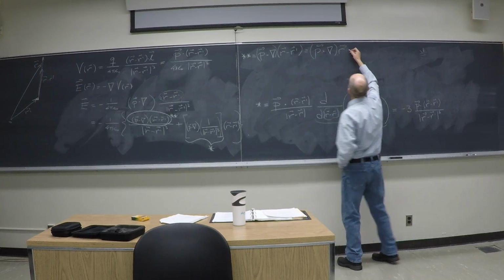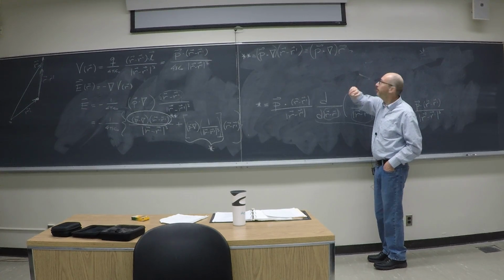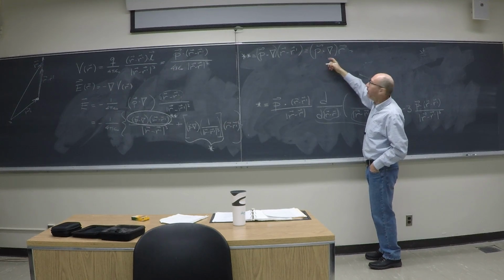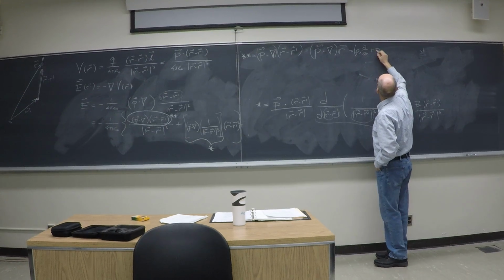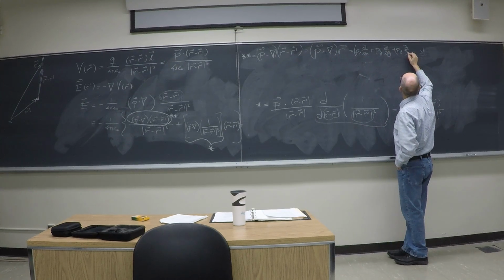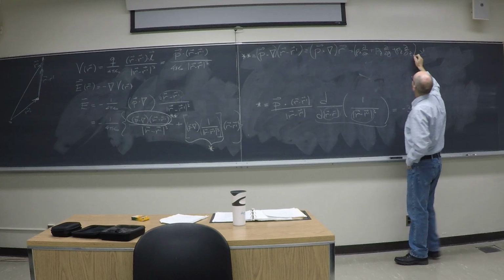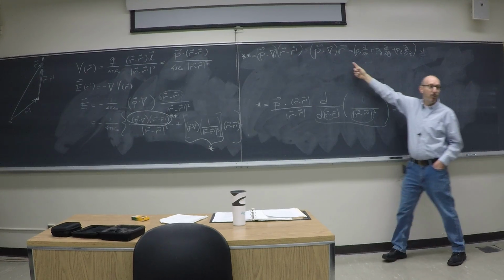So let's look at this for a moment. Now that I already told you what these things are, we can do it very quickly. This P dot the gradient is this. Okay, so you see the advantage of being able to write this way.